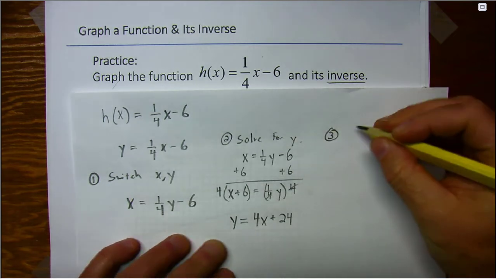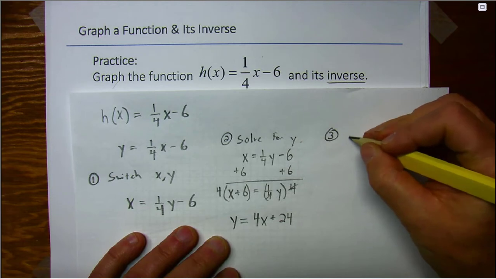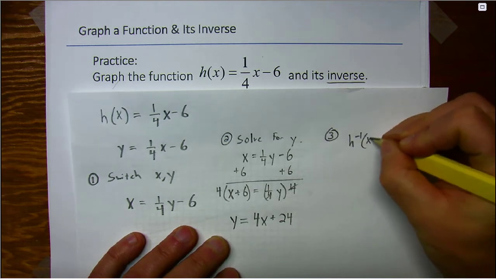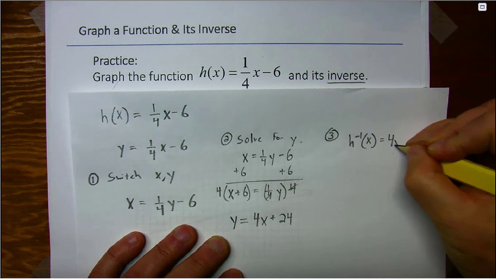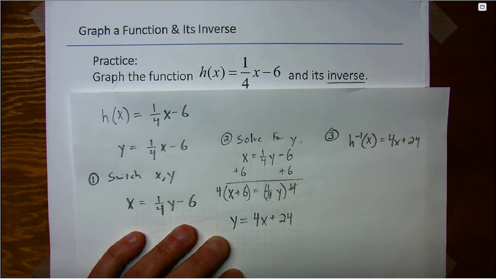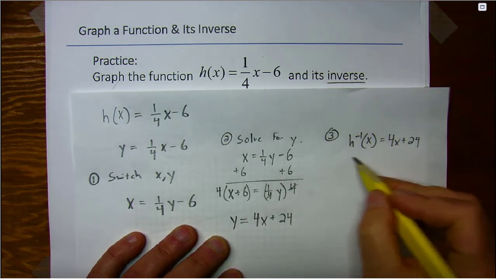And so we have found our inverse. The inverse of h is going to be 4x plus 24. Let's graph that.